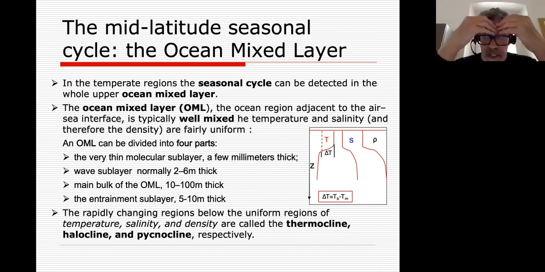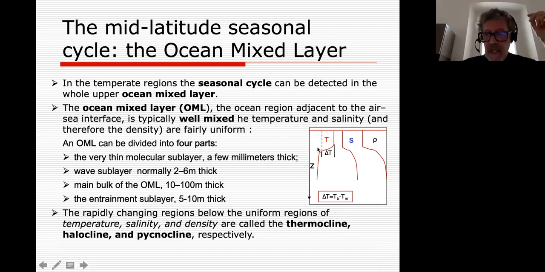Maybe we can touch on it marginally in the course of this lecture, but at the moment, what we have to retain is the fact that we have a specific boundary layer at the upper part of the ocean that is well mixed.